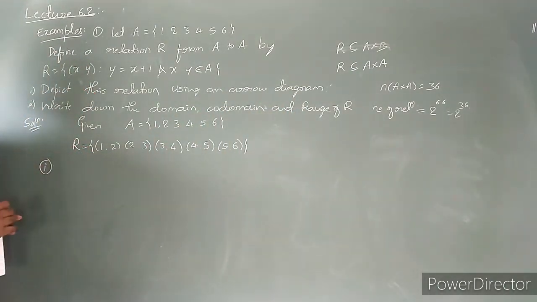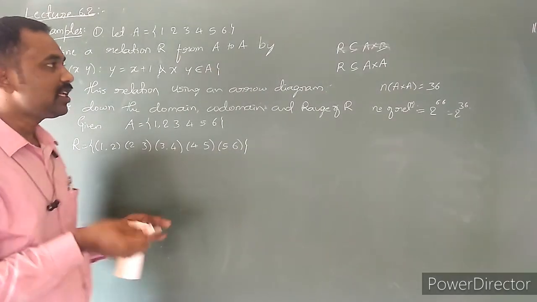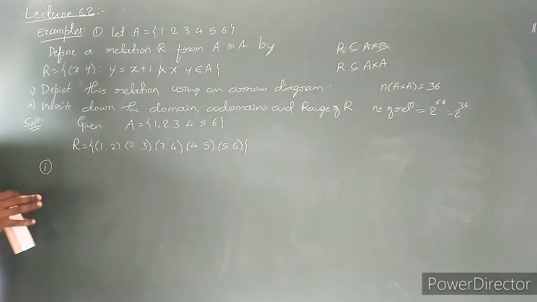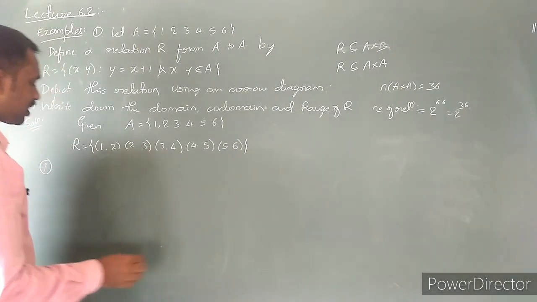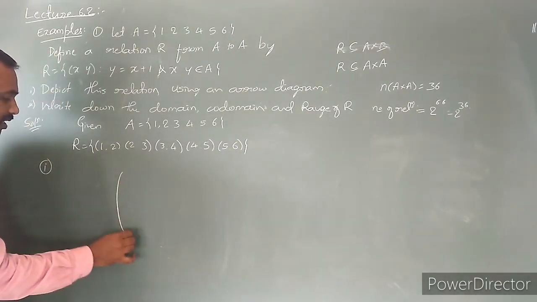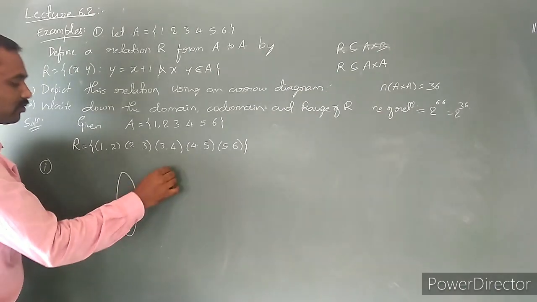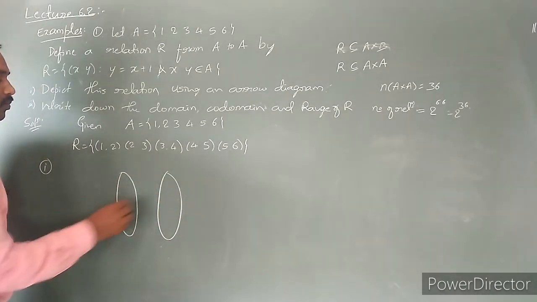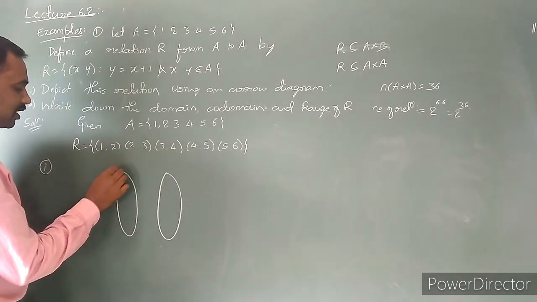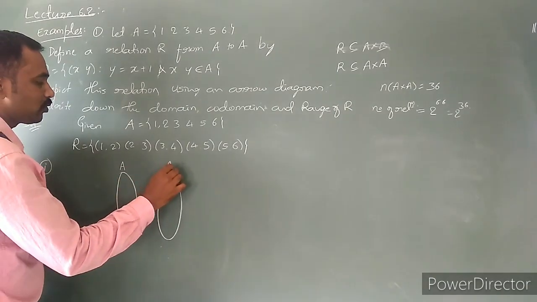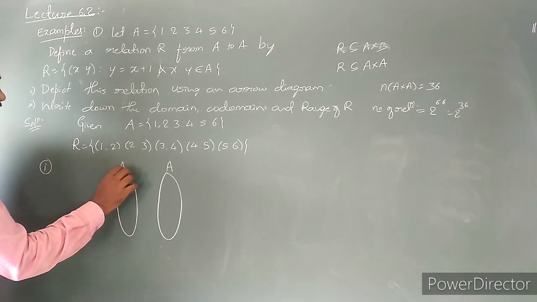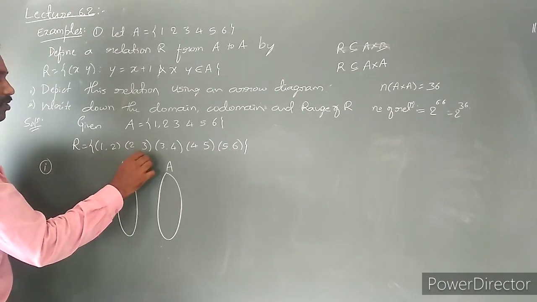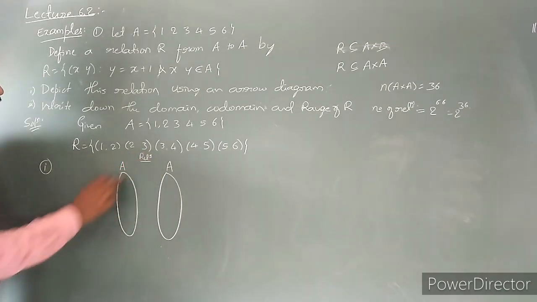What is the first case? Depict this relation using an arrow diagram. We need to express this relation in terms of an arrow diagram. This is how we write it. These denote the set A to B. Instead of A to B, here it is A to A. The relation is from set A to set A only.